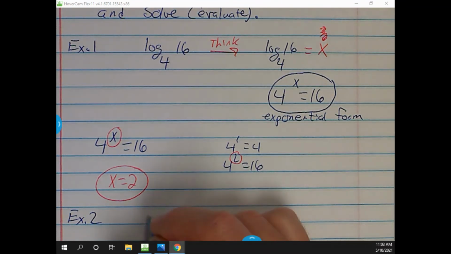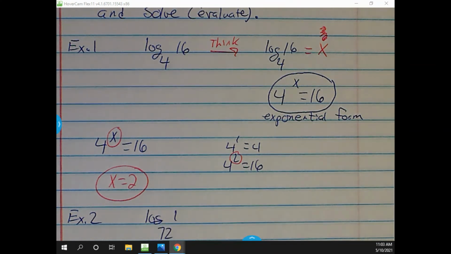All right, so for example 2, let's do the same type of thing. Let's do log of 1 with a base of 72.